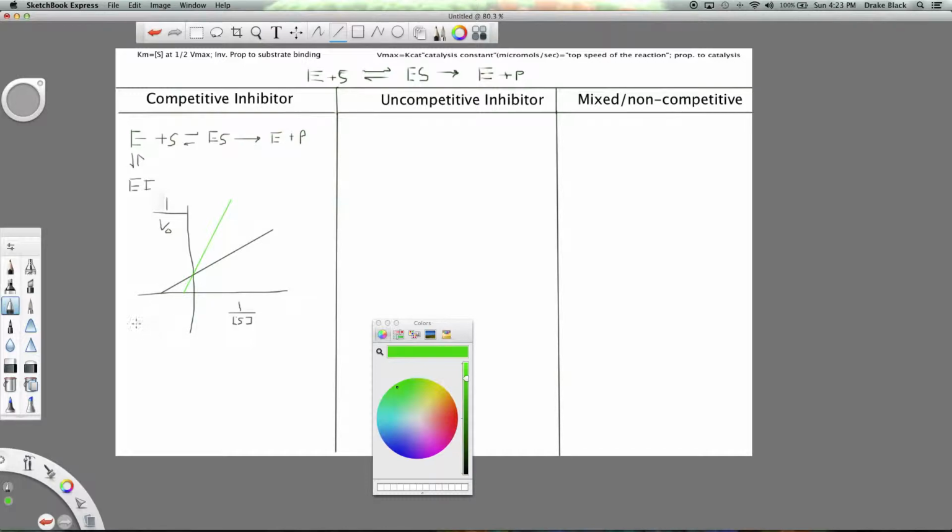So let's see, here's the 1 divided by, that's not what I wanted. So -1 divided by Km is this one. That one right there, and then 1/2 of a Vmax.